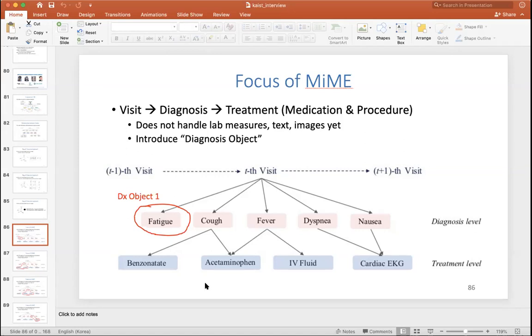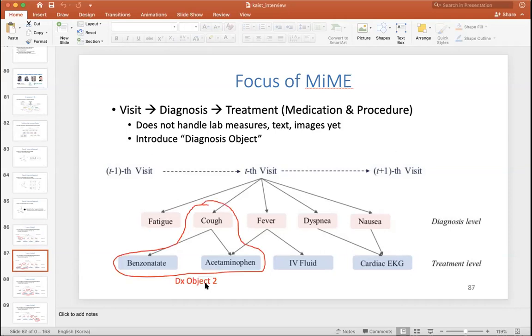Here, this fatigue diagnosis code doesn't lead to anything. Fatigue didn't lead to any medications or procedures, so fatigue itself becomes a single diagnosis object 1. Cough leads to ordering two medications, benzonatate and acetaminophen.